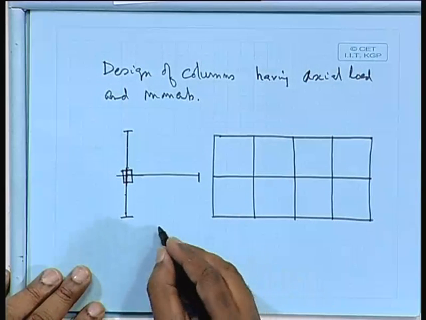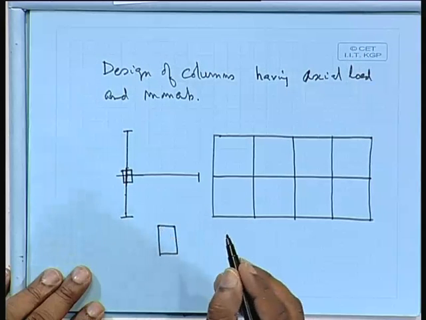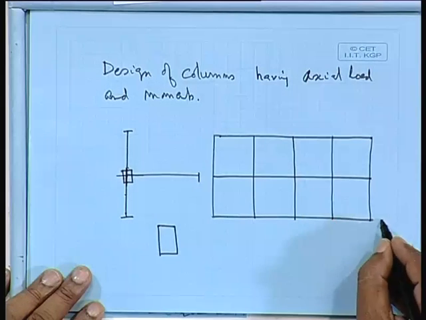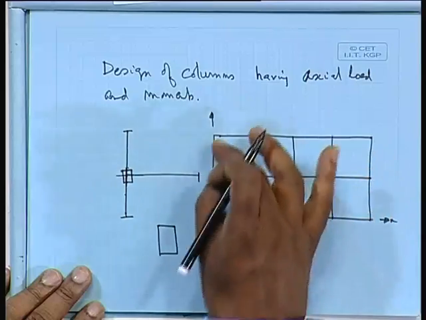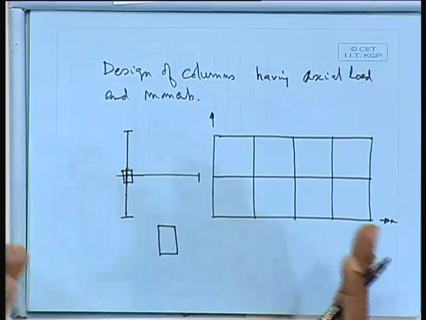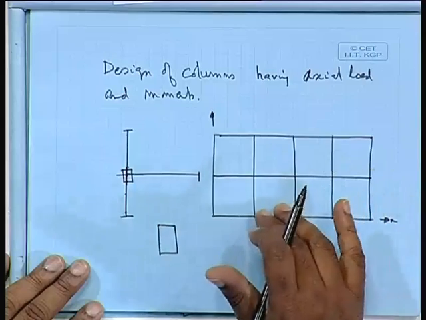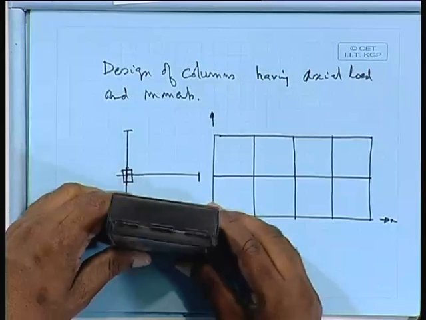If the columns are rectangular, this is your column. What is the orientation of the column with respect to this? If we take this whole building, say the plan is rectangular, there are so many rooms.